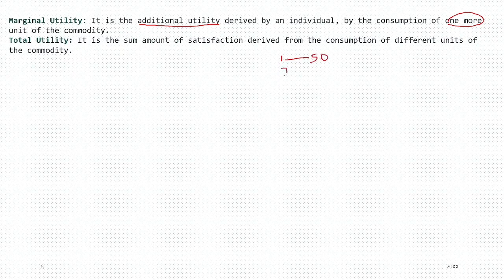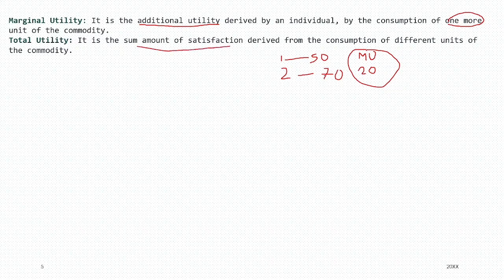The marginal utility derived from the second one will be 70 minus 50 by 1, that is 20 utils. So this is the marginal utility of the second apple. Now total utility is the sum amount of satisfaction derived from consumption of different units of a commodity. In the above example, it will be 70 utils. I hope you understand what marginal utility and total utility are. It is very important to know, since it will come up in other concepts.